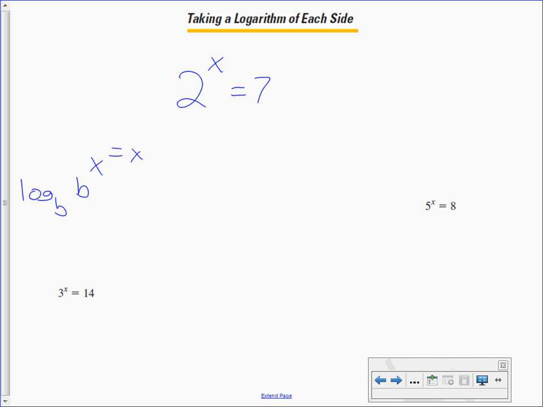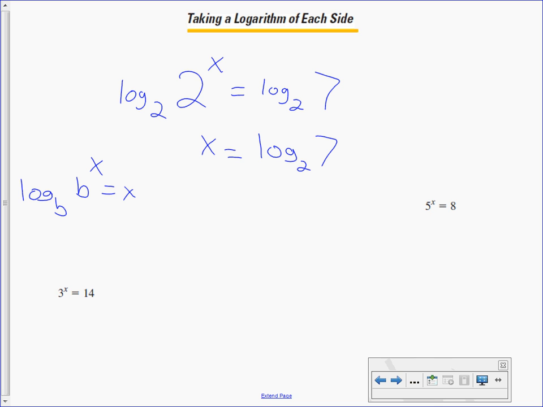Now, in order for myself to be left with just the exponent here, what would I have to take the log base on both sides? 2. Take the log base 2 of both sides. x is the log base 2 of 7.